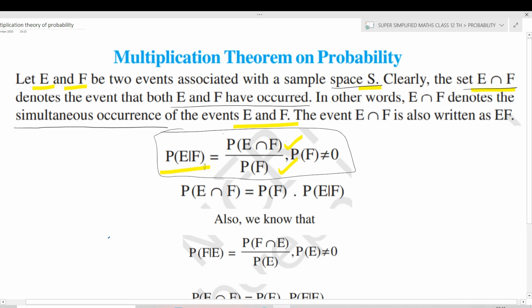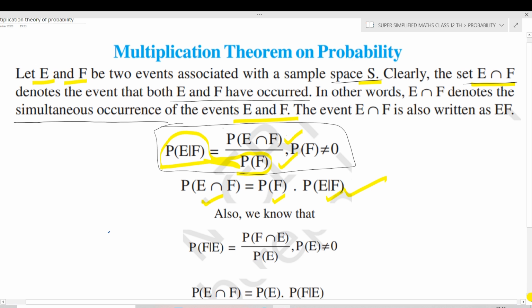So now cross multiplying these two terms, what do we get? That probability of E intersection F is equal to probability of F into probability of E by F. Here you can see I have cross multiplied these two terms, and we got this expression.